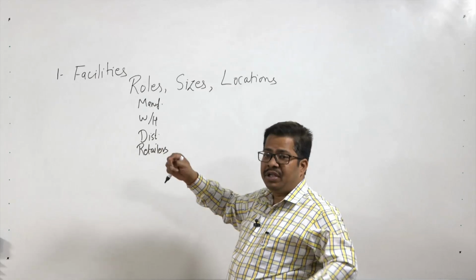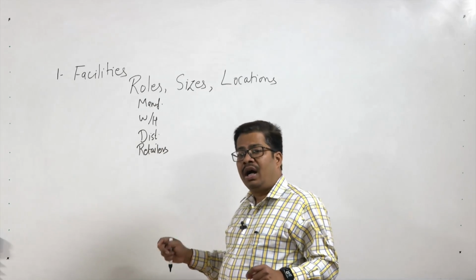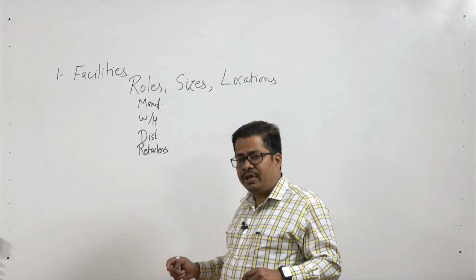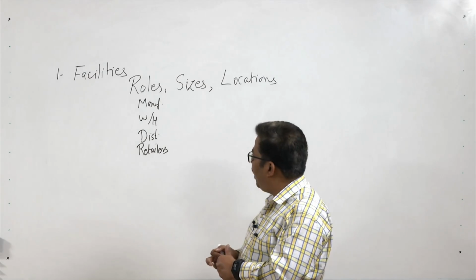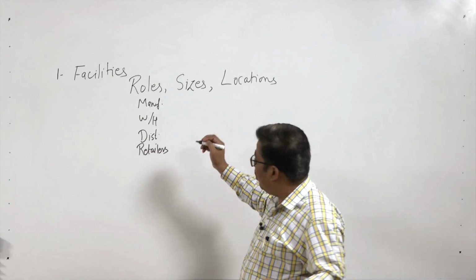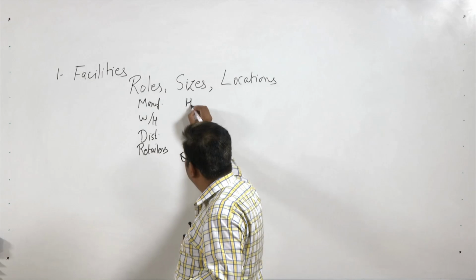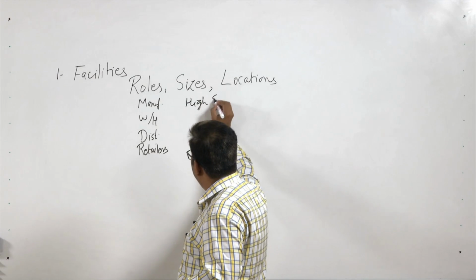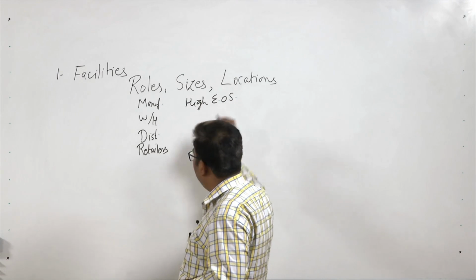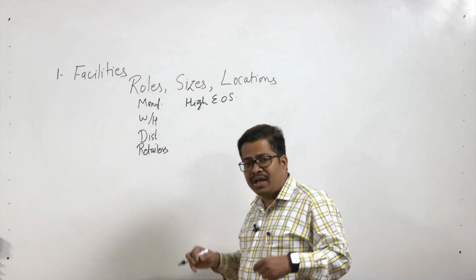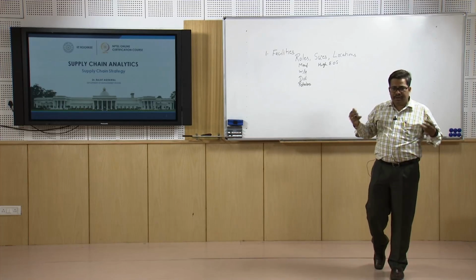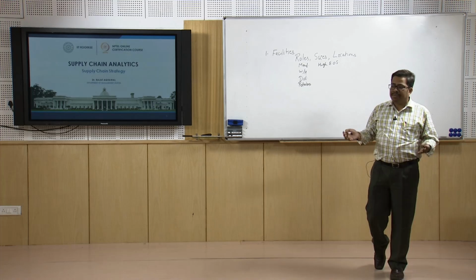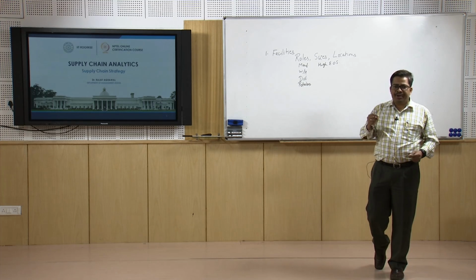Again, when you want to achieve high economies of scale, you will like to have bigger sizes of manufacturing facility. If you have a bigger manufacturing facility, you get higher economies of scale, meaning the cost of production per unit decreases accordingly.